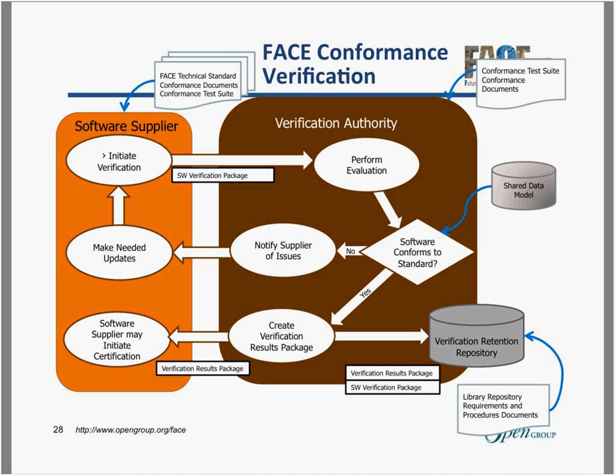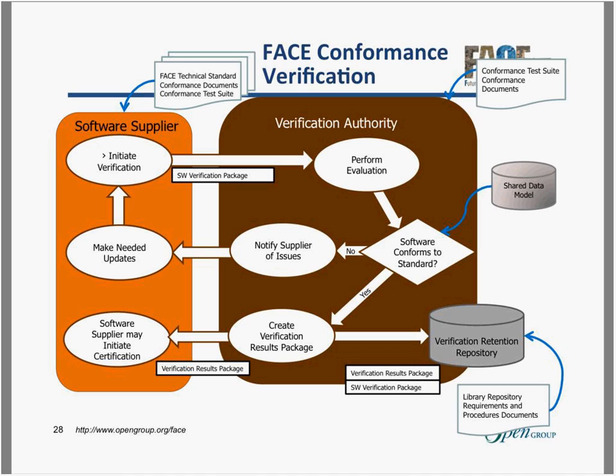There's certainly room for back and forth. The verification authority performs the assessment through examination of the design documents and information provided, and then conducts the for-the-record test using the approved test suite.